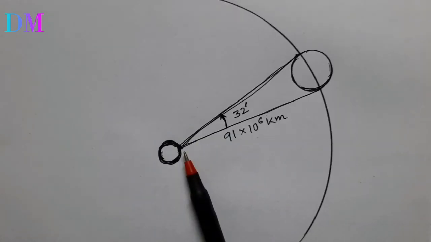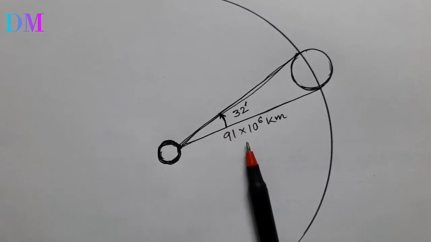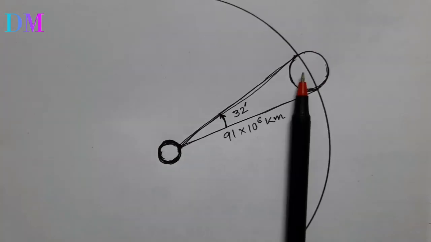Now let us suppose that the eye of the observer is at that point, which is making a 32 minutes angle. Since the distance is 91 into 10 to the power 6 kilometer, we can consider a big circle of radius 91 into 10 to the power 6 kilometer, taking the eye of the observer at the center. Now the diameter of the sun is the arc length of that circle.